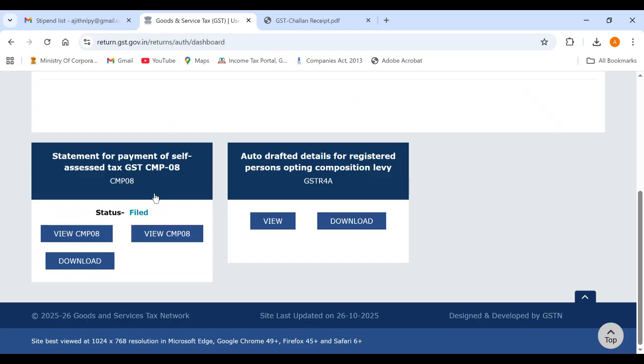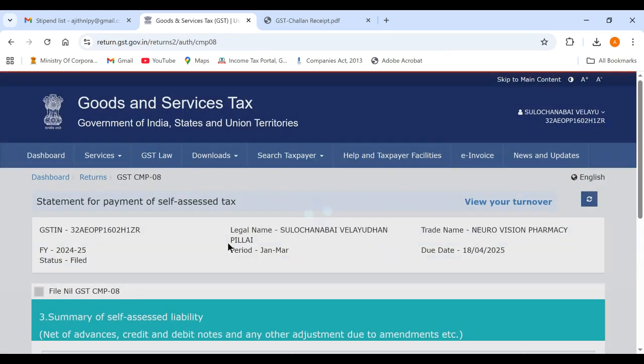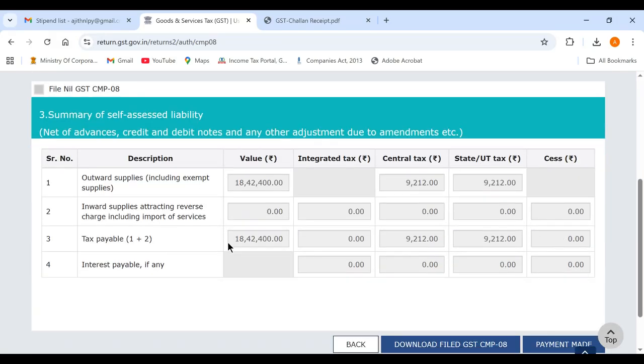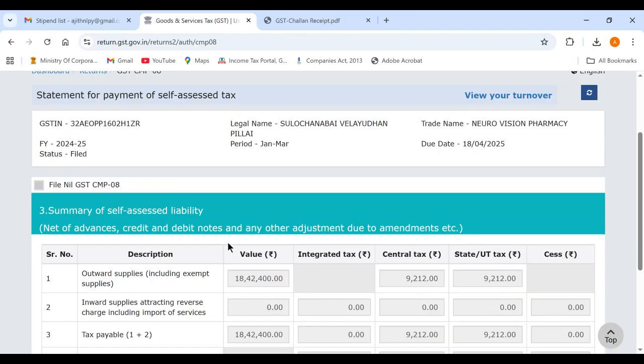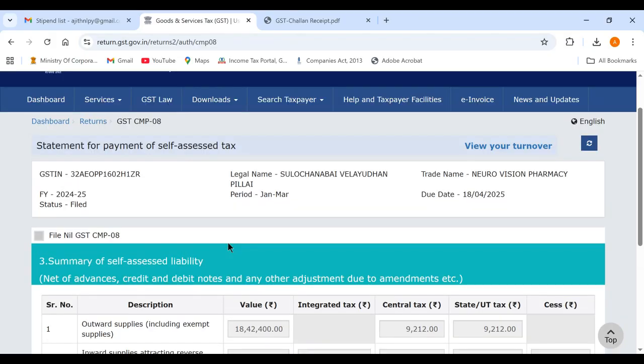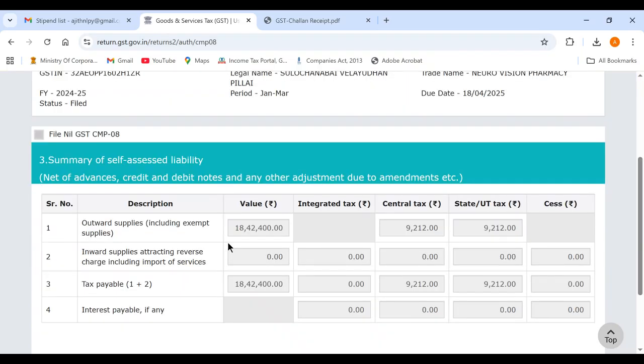And finally, on annual basis, if you want to submit the returns, you may see this is CMP 08, the form that has to be submitted for quarterly payment of taxes. Here this is already filed. After creating the challan, you would be required to do this CMP 08.